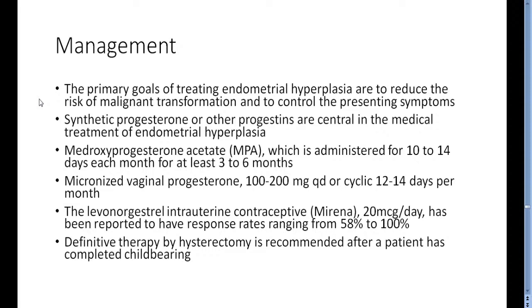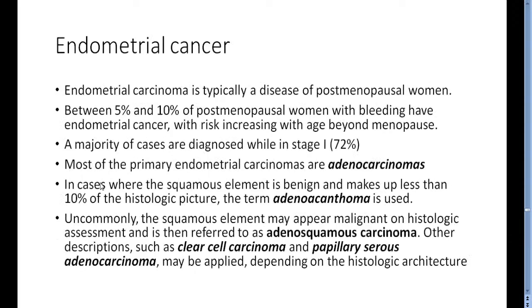In some patients, hysterectomy, extirpation of the uterus, may be recommended if the patient, for example, doesn't want to have more children. So in these patients, hysterectomy can be one of the options.